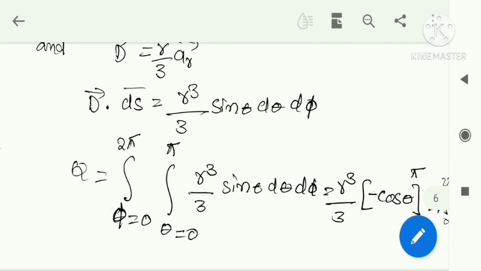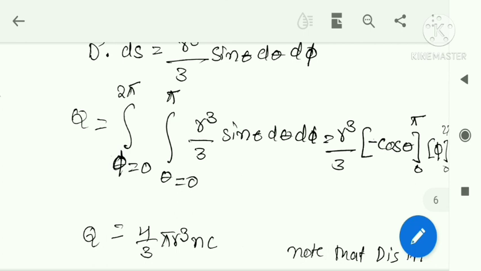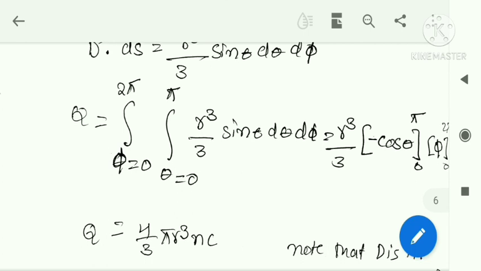Any one angle I take from 0 to 2 pi, another from 0 to pi. After integrating, r cubed and 3 are constants, so I take them outside. The integration of sin theta is minus cos theta, with limits from 0 to pi, and the other variable is d phi.